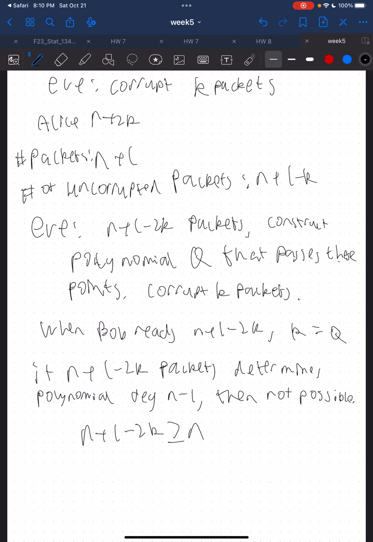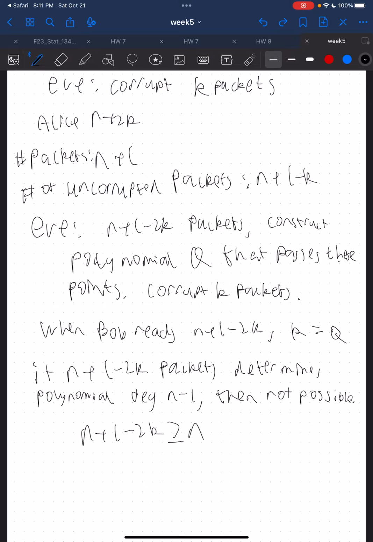If it's less than n, then Eve will be able to corrupt k packets because the polynomial is not uniquely determined. So the key point here is that when n plus L minus 2k is at least n, then the polynomial is uniquely determined, and it cannot be corrupted because the polynomial is determined across all points. But if it's less than n, then it can be corrupted as the polynomial is not set.